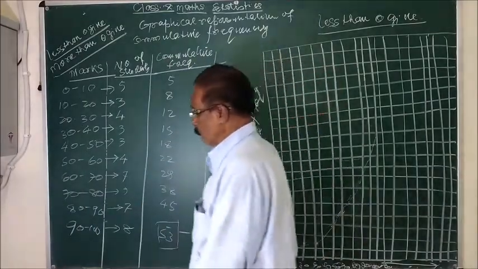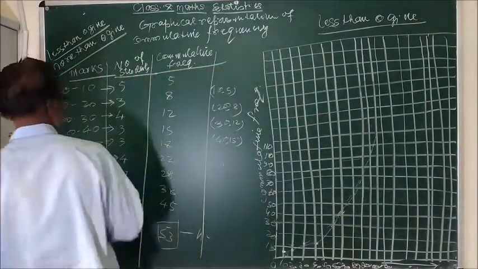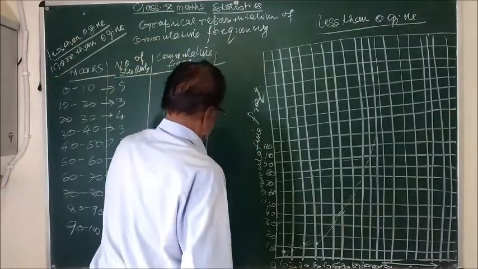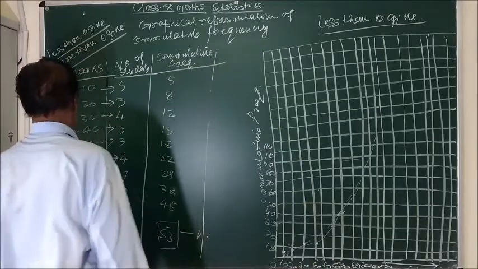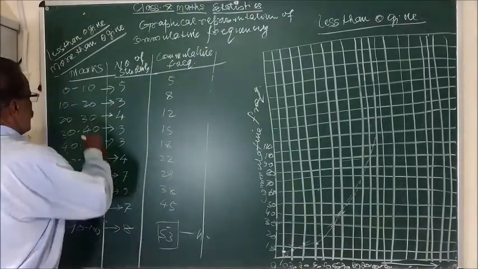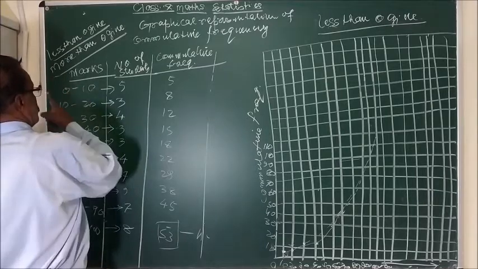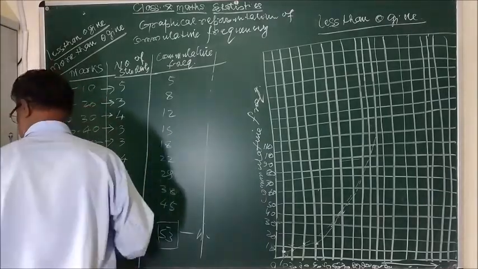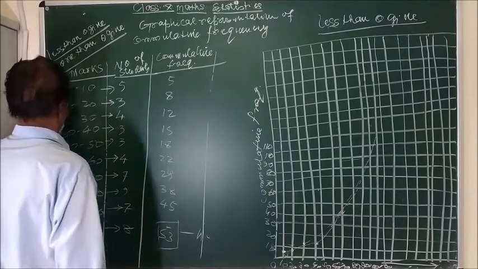Now you see the more than type ogive of this question. In the question it is saying, this is the marks obtained and these are the number of students. Now you see, what is the lower limit? Lower limit 0, 10, you have to convert into this.